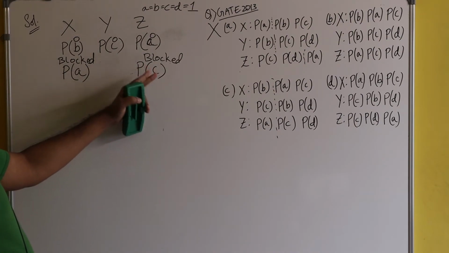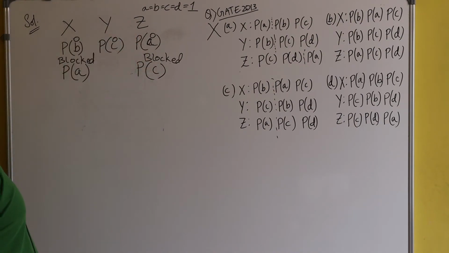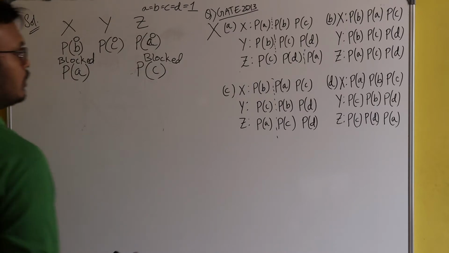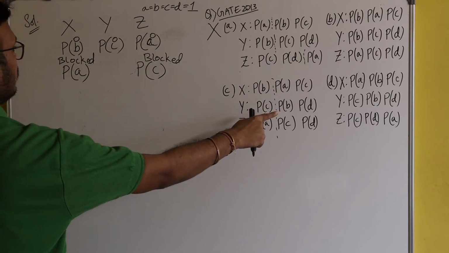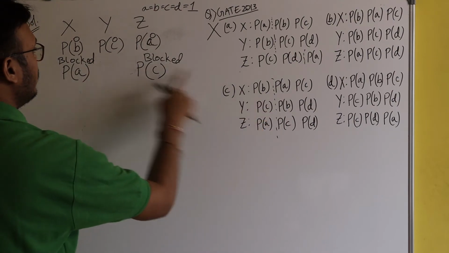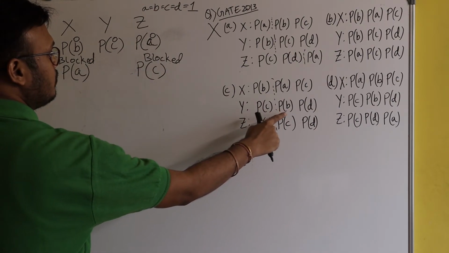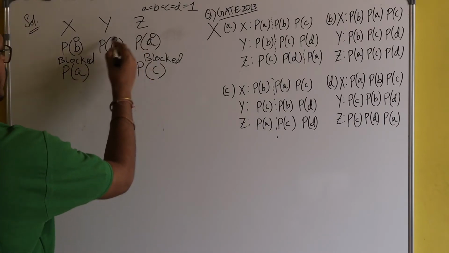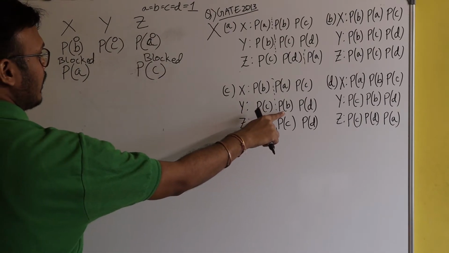Now after this, suppose the CPU is given to process Y. Process Y will apply PB, because process Y has executed up to PC, and after PC, PB is there.